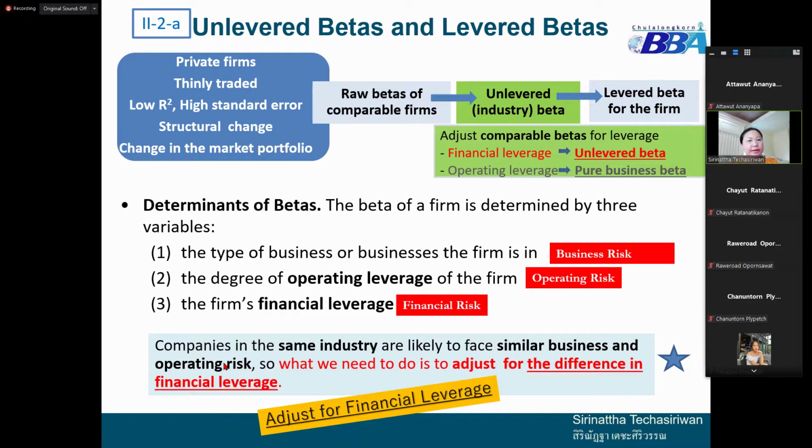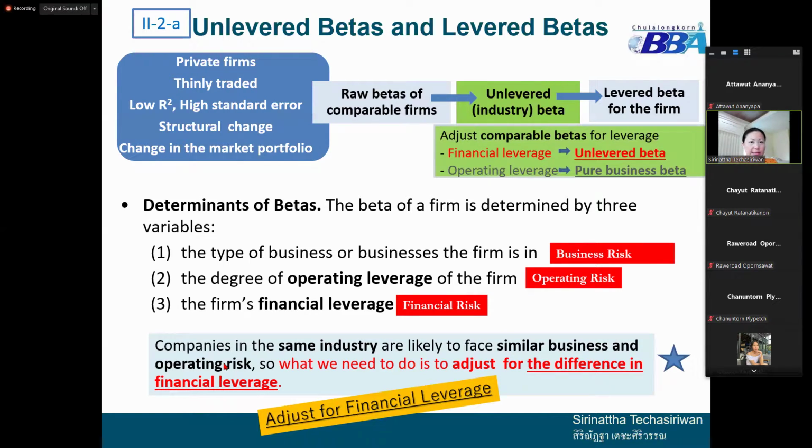Or in the case there is a structural change in the company's business itself, or a structural change in the macroeconomic picture. In this case, when we estimate beta using historical data, it might not be a good measurement of the risk in the future.